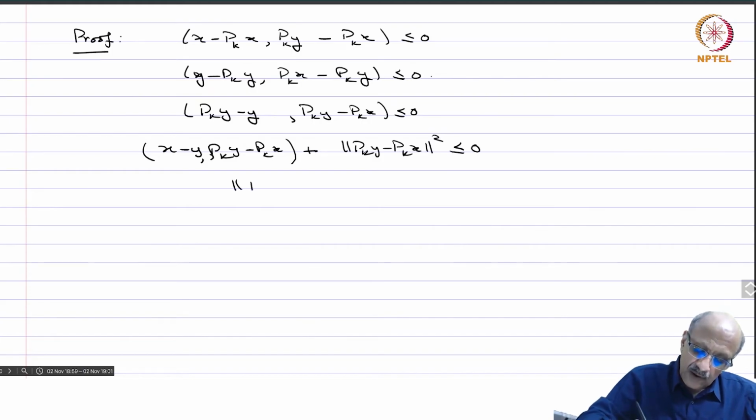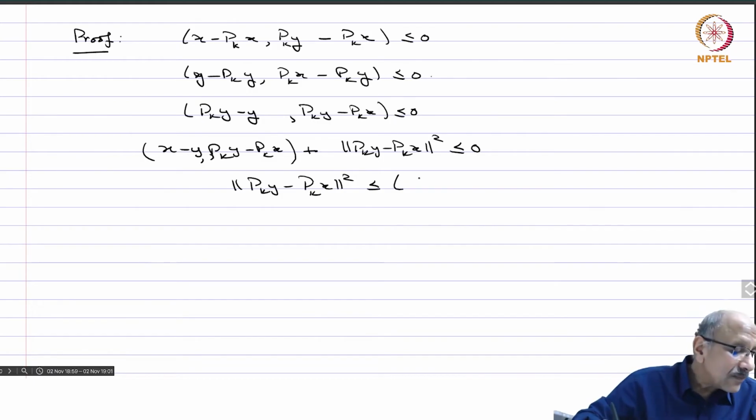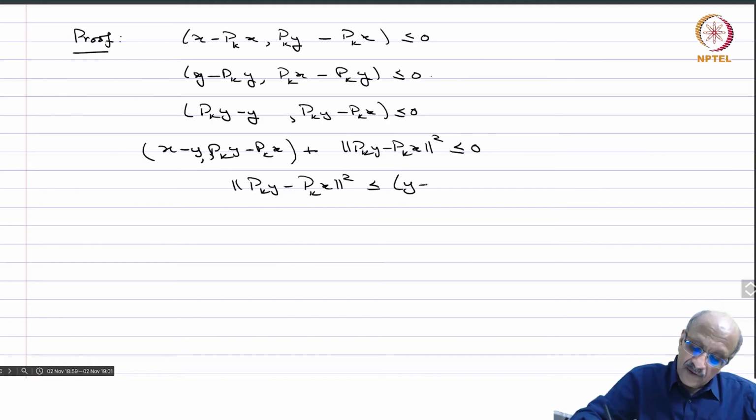So norm of P_K y − P_K x whole square is less than or equal to ⟨y − x, P_K y − P_K x⟩, because I take it to the other side.